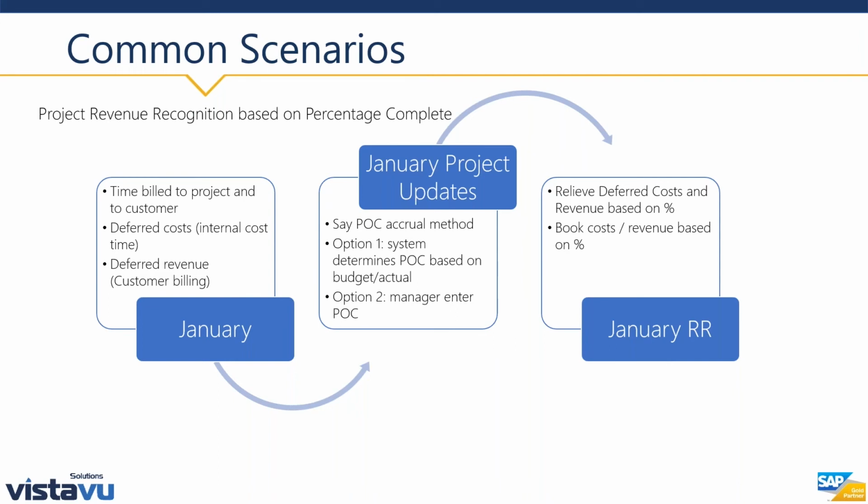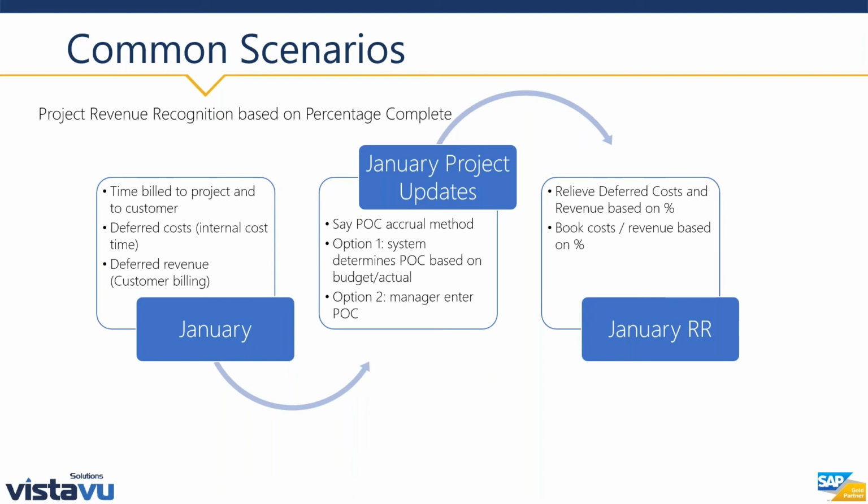So if you're saying we have a project that we are doing for our customer, maybe we're actually billing them as time and materials are consumed on the project, but we want to recognize the revenue based on the percentage completion of the project. Therefore, maybe the project is expected to go 6 months, and you're billing each month, but for some reason during 1 month you don't have a lot of work on that project, so the percentage complete doesn't really move. You might want to continue to defer revenue or costs in that scenario.